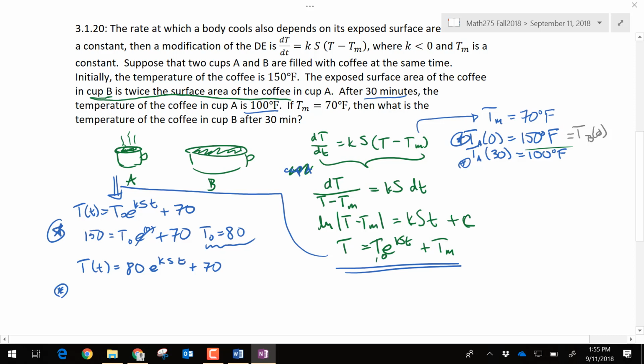That says that when little t is equal to 30, then capital T is equal to 100. And so we could solve for K maybe. But let's see if we could solve for K. Subtract 70, divide by 80, so that's 3/8 on the other side.